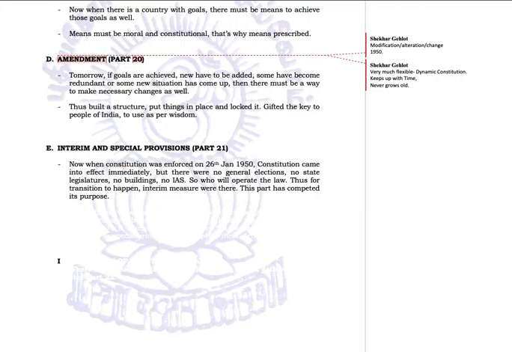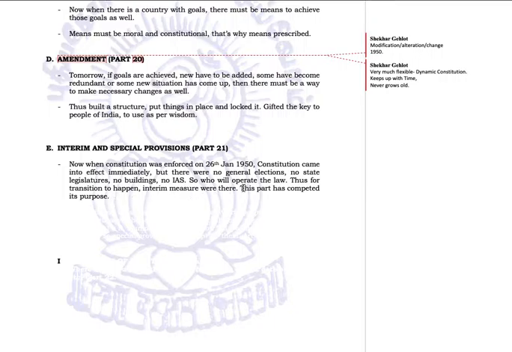In order to make the transition from pre-constitution India to post-constitution India very smooth, we had these interim measures. Till the time we did not have all these functions operating, we had interim features which used to operate, till this gap or vacuum was filled.